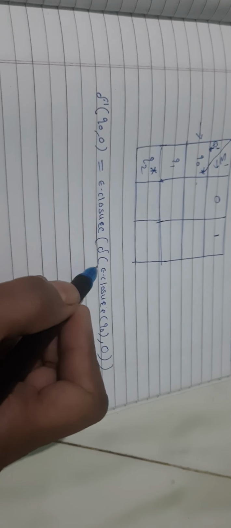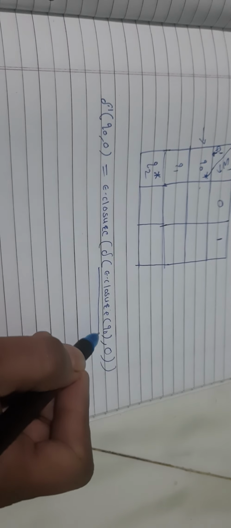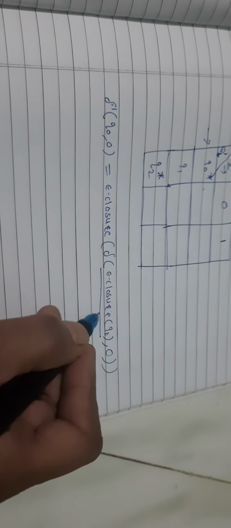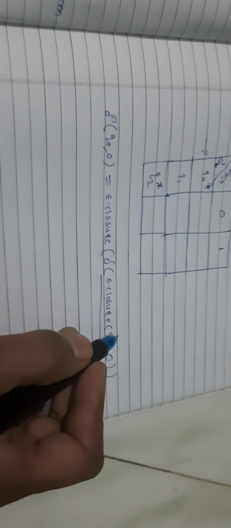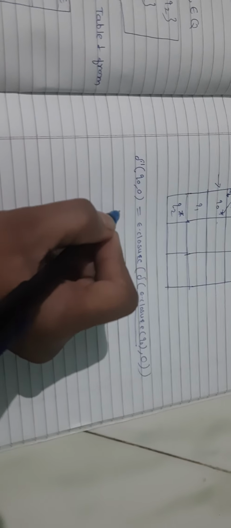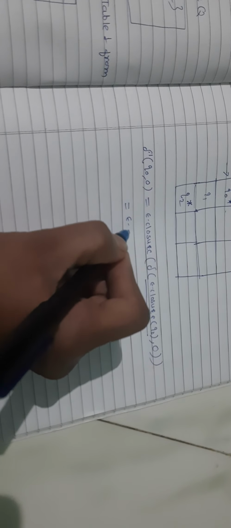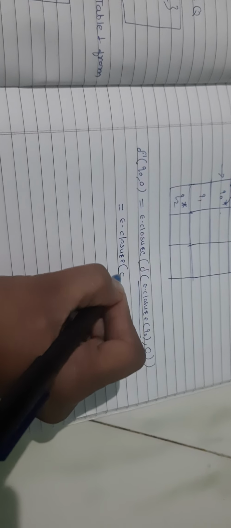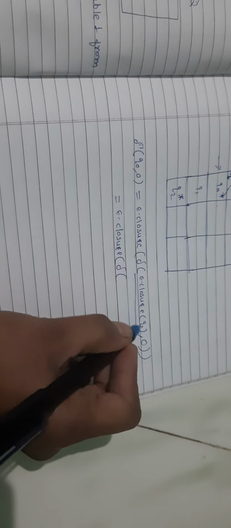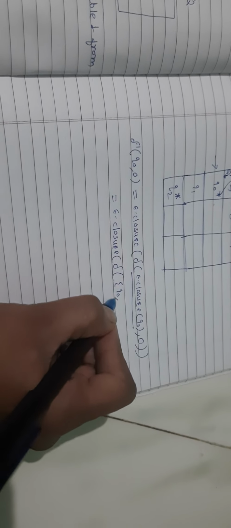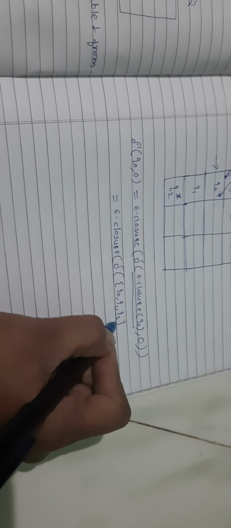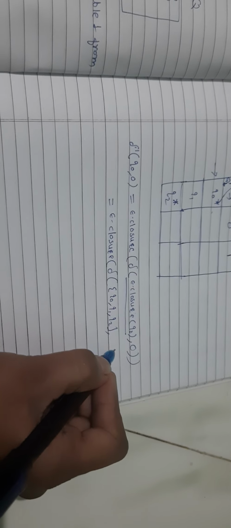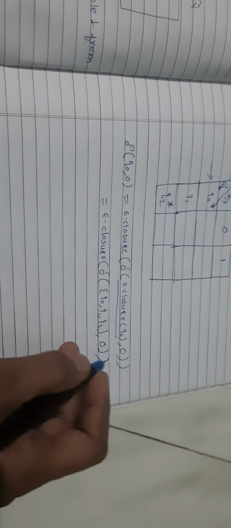Now we have the epsilon closure of Q0. What is the epsilon closure of Q0? It is nothing but Q0, Q1, Q2. So put that value here: epsilon closure of delta of Q0, Q1, Q2, then 0 as it is.